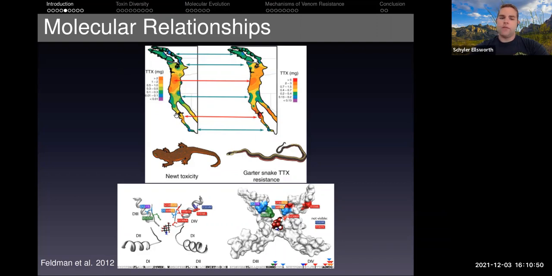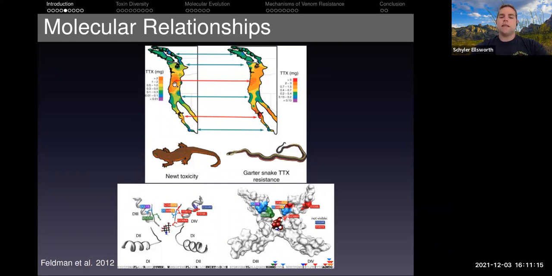up into Canada, into California, and down into Mexico, we have these spots where we have toxic newts, which is represented by these warmer colors here, meaning they have a higher toxicity, or they produce more of that tetrodotoxin. And then on the right-hand side, we have the same map, but this time it's showing the level of toxin resistance in our garter snakes.